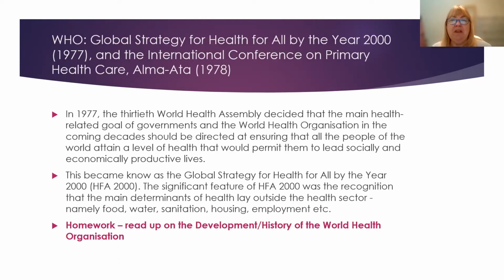The World Health Organization actually had a conference to set goals for the whole world, and they developed the global strategy for health. Now, the first one was around 1977, but over time, more and more countries joined in and got involved in setting the goals for the world.